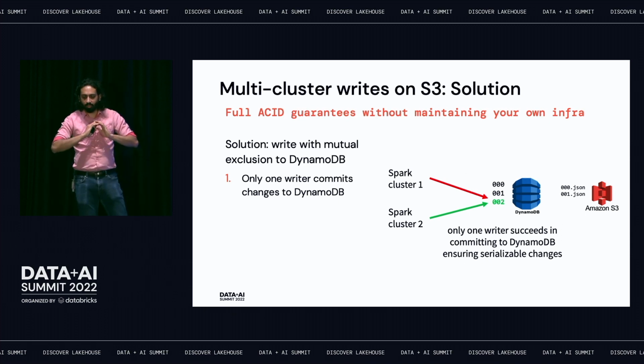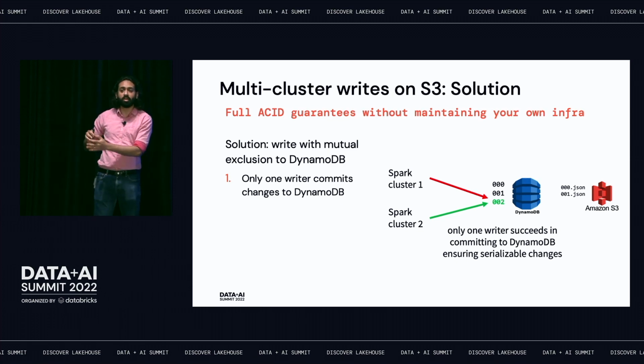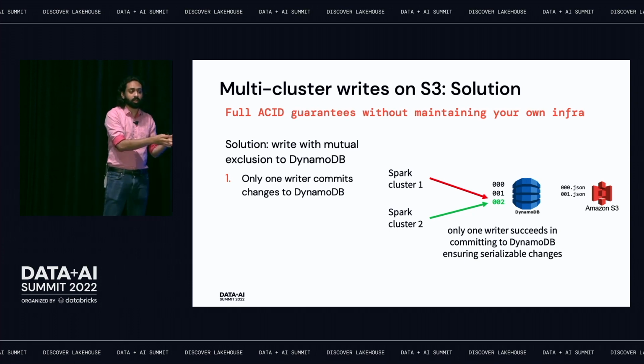And so we first commit to DynamoDB, which ensures a serializable order, that one writer goes after the next. And after that, we save that information, sync it back to S3 so that any reader looking at the file system sees a consistent table and is not dependent on DynamoDB only.